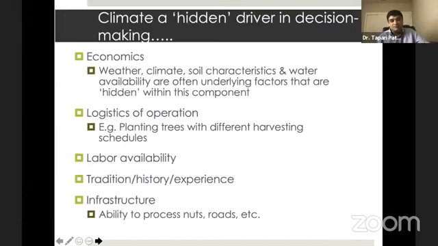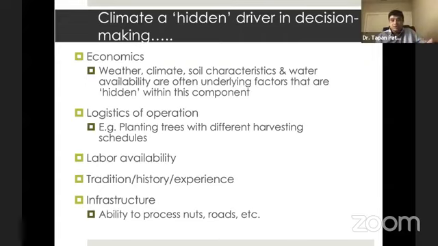One or two things I want to mention that we learned: from growers' perspective, climate is always a hidden driver. It's not a major factor for them in making short or long-term decisions. For them, economics or logistics of operations, such as the planning process, when to harvest, when to plant, things like that, are what matter. Labor availability is a big issue.